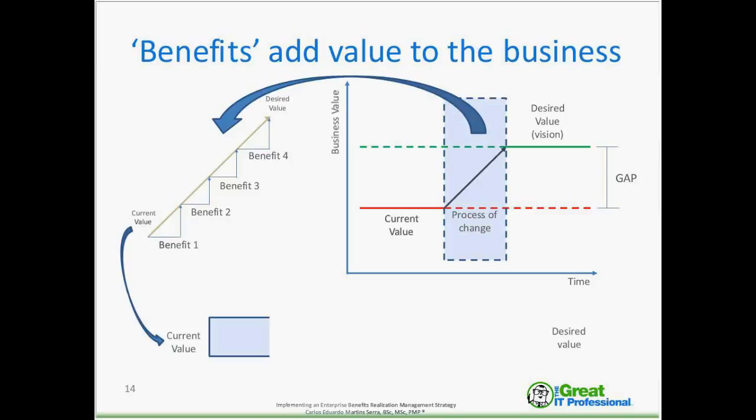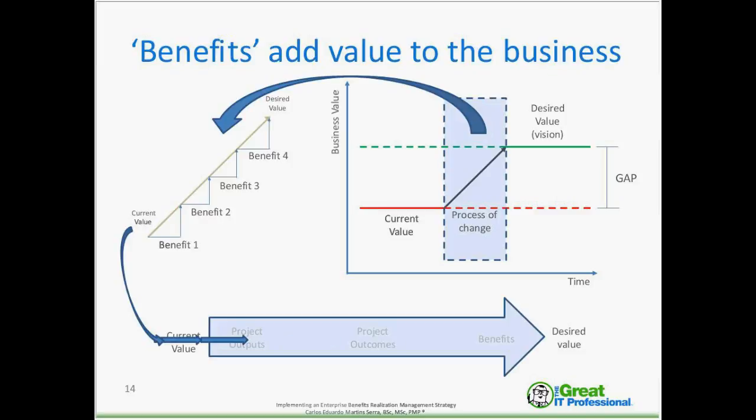These create outcomes, which prepare operations to realize benefits. It seems to be pretty simple, doesn't it? Later on, we'll go through each step of this in more detail. We have reviewed the meaning of benefits and the way benefits realization adds value to the business.